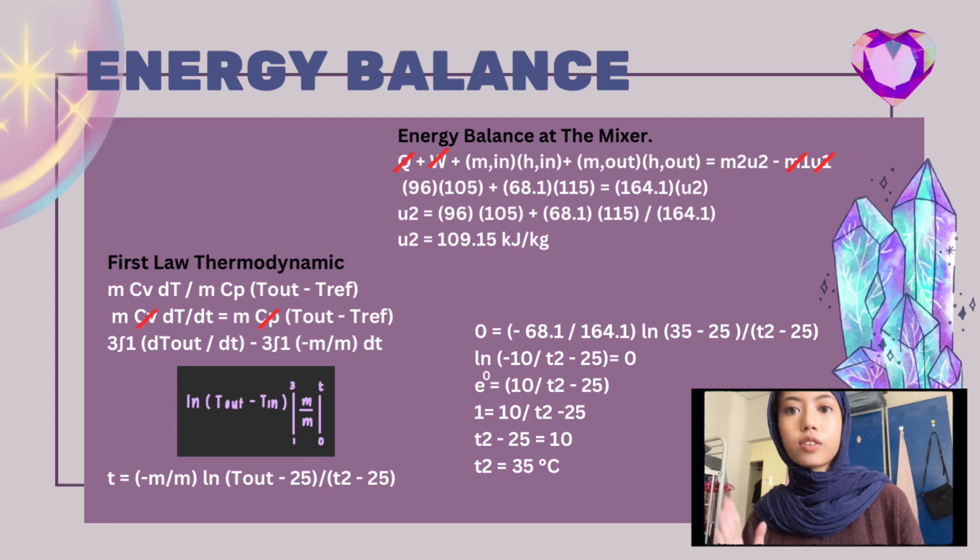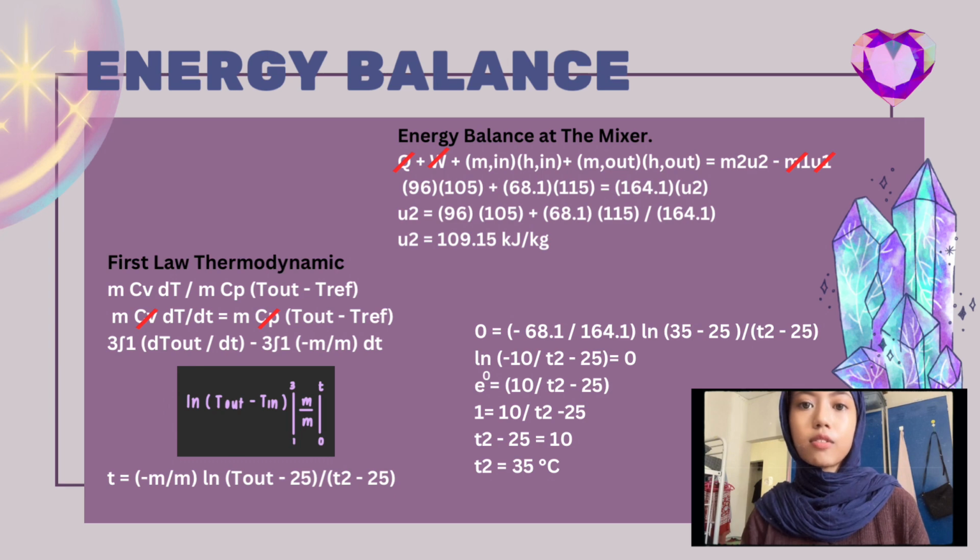After that, we apply the first law of thermodynamics to find the outlet temperature. The equation that we use is m Cv dT/dt equals m Cp (T out minus T reference), where T reference is 25 Celsius, and Cv and Cp are the same since it is in a liquid phase.